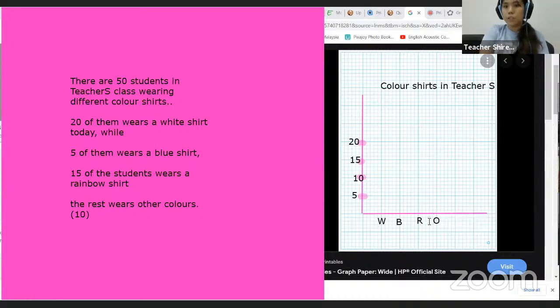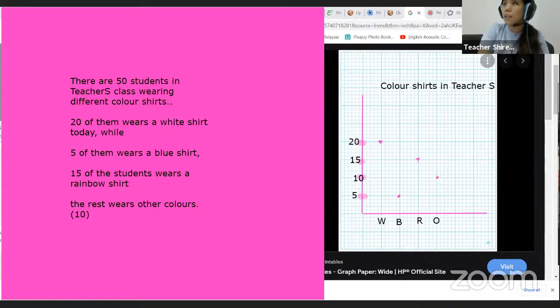Okay, you notice this one is much closer to each other. Okay, so after you did this already, what you do is that white, you draw a dot here. Okay, 5, you draw a dot. Red, a rainbow, you draw 15. Others, you draw 10.